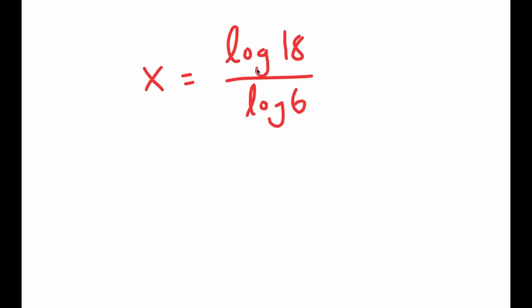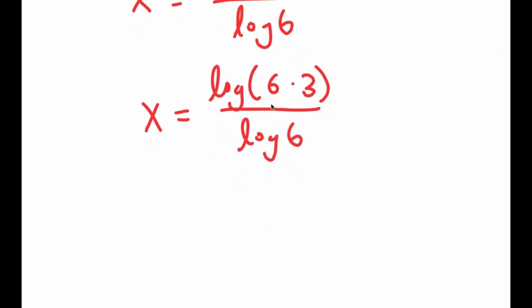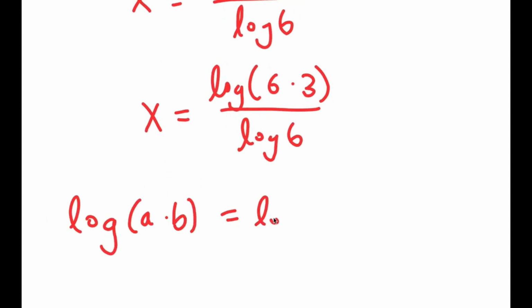Now to simplify this, I'm going to rewrite log of 18 as log of 6 times 3. And I'm doing this so I can use the formula log of a times b is equal to log a plus log b.